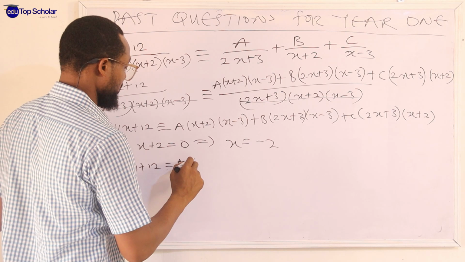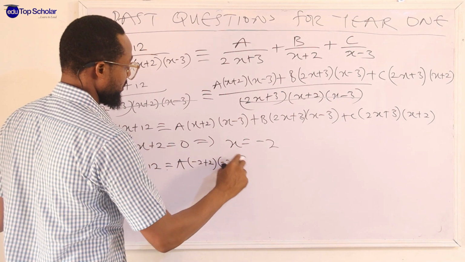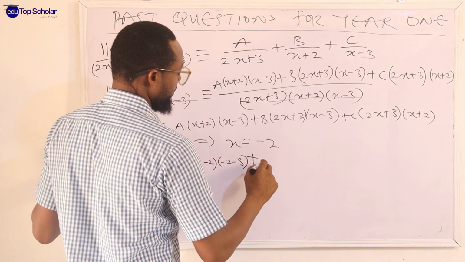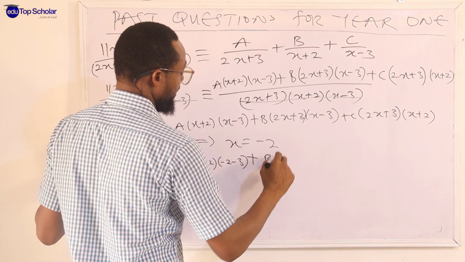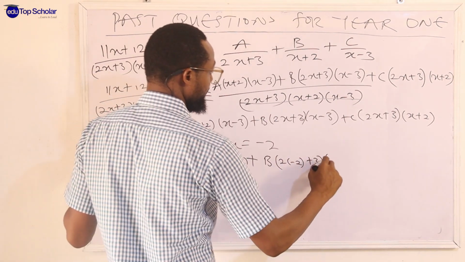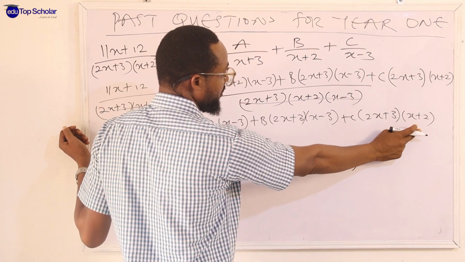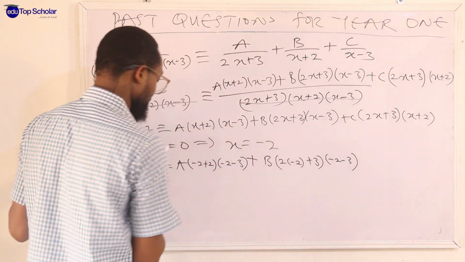So this will be a into minus 2 plus 2 minus 2 minus 3 plus b. I will only stop here: 2 into minus 2 plus 3, minus 2 minus 3. Since this one is involving minus 2, this will be 0, and since this one is also 0.